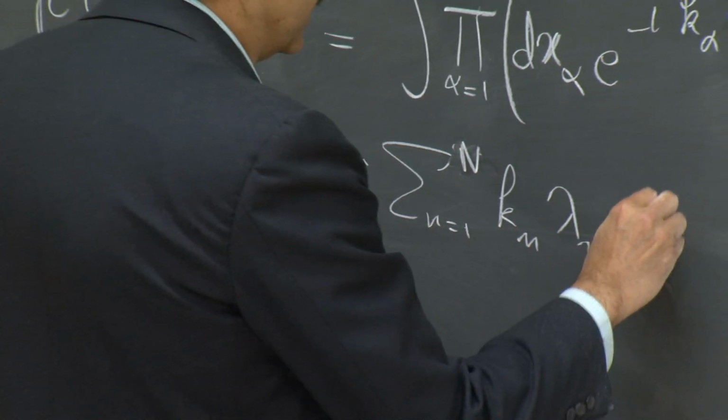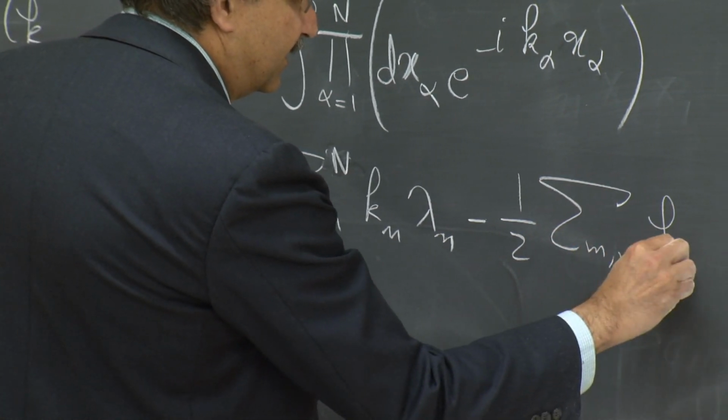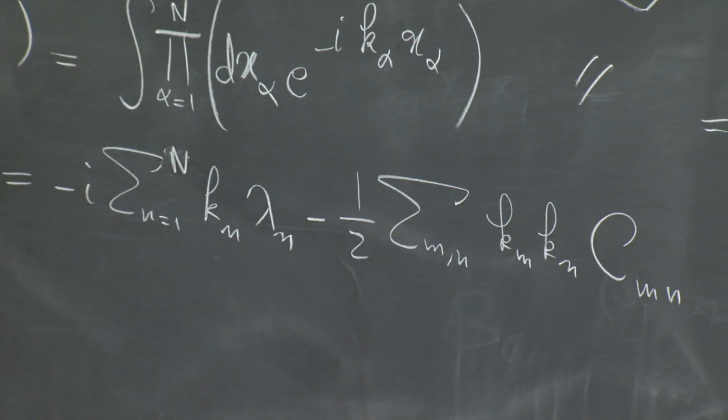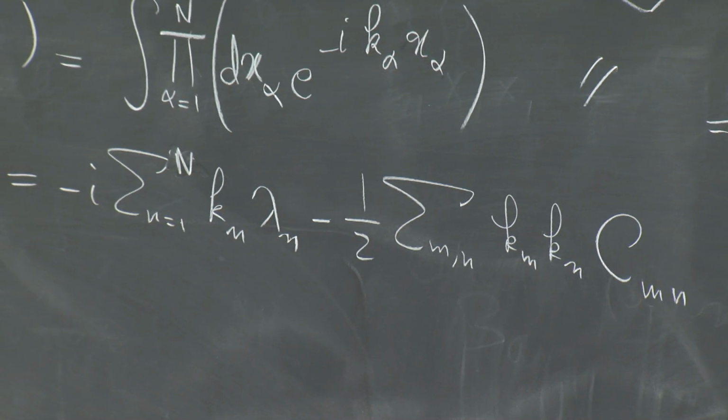So we will have minus 1/2 sum over m and n, k_m k_n, times some coefficients. Okay? And the series terminates here.